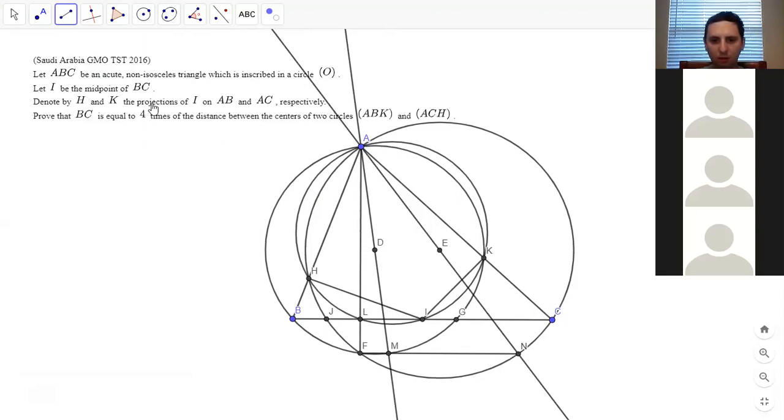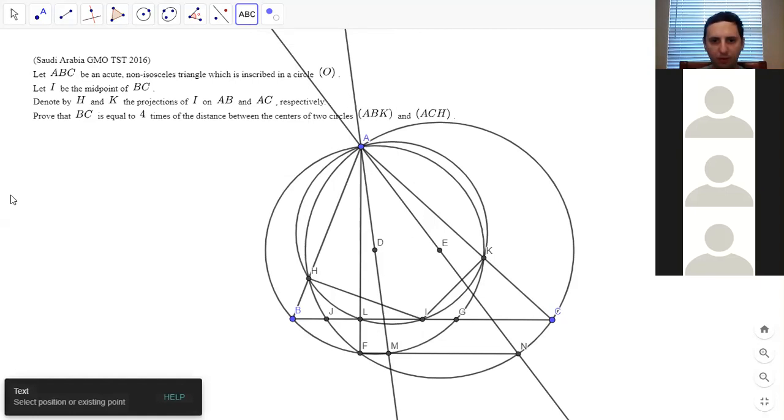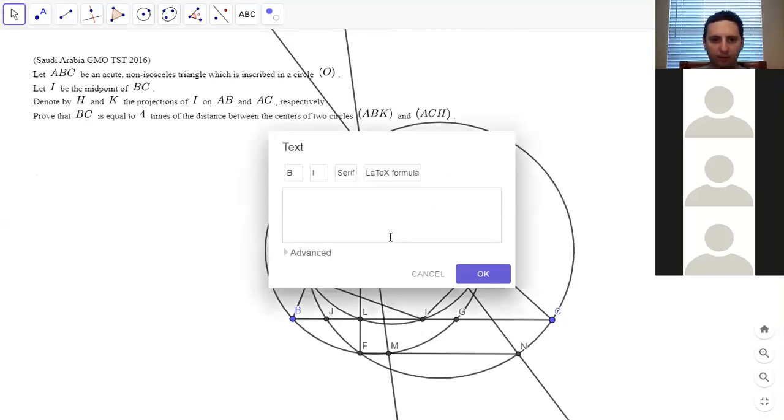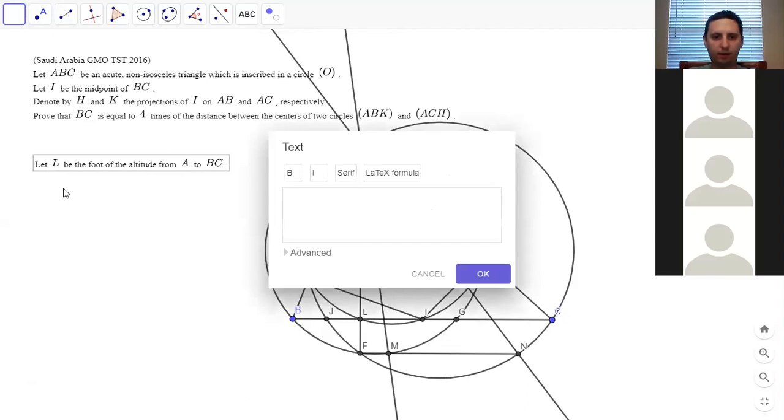What have we proved till now? I didn't follow. So I'll write it up. First, I'll say let L be the foot of the altitude from A to BC. And so then we have angle AHI, ALI, AKI is 90.